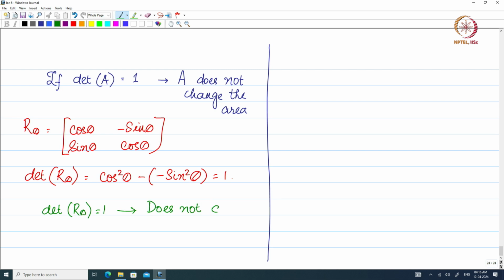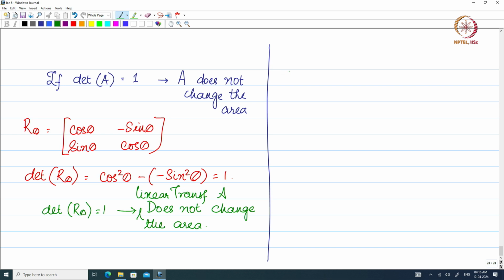Does not change the area. What does not change the area? The linear map A, the linear transformation A does not change the area.